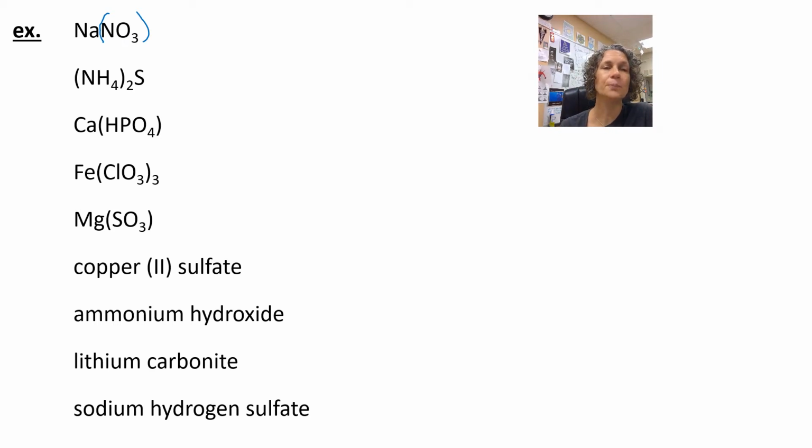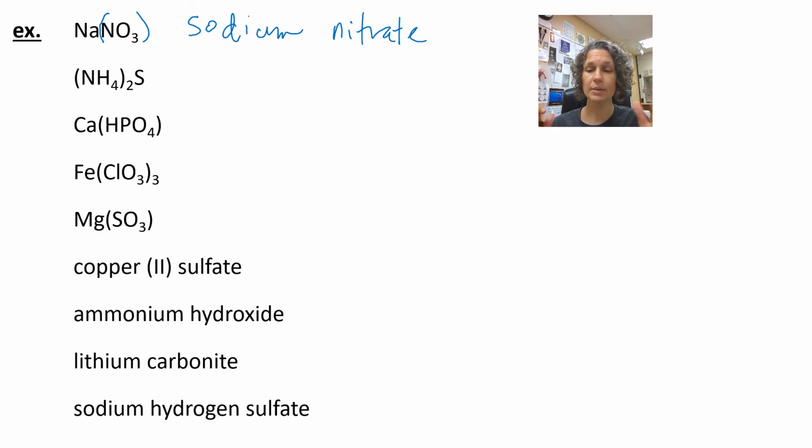Okay, so Na is sodium. So sodium. And then NO3, you name as one thing: it is nitrate. Occasionally I have students who will try to name it individually. Don't. That's a polyatomic. You want to name it by its name.